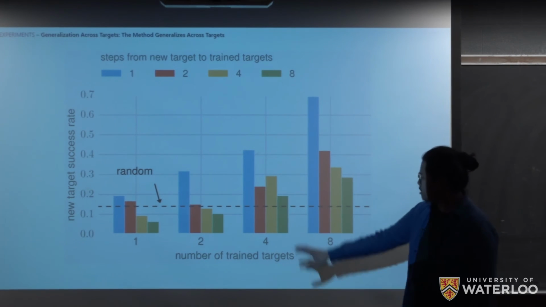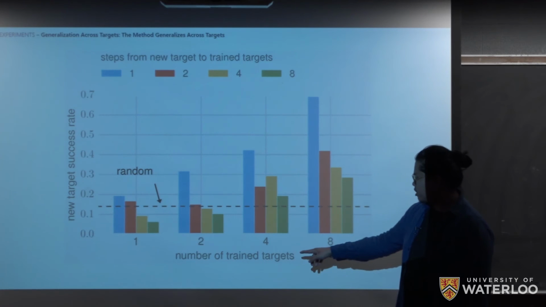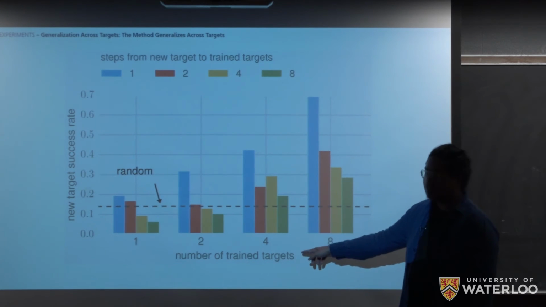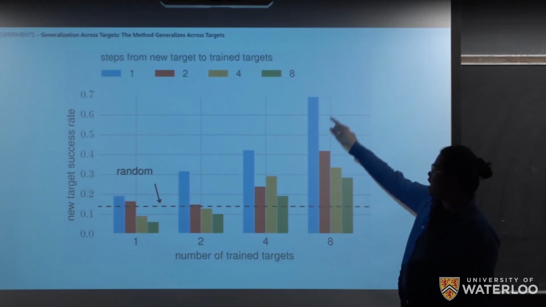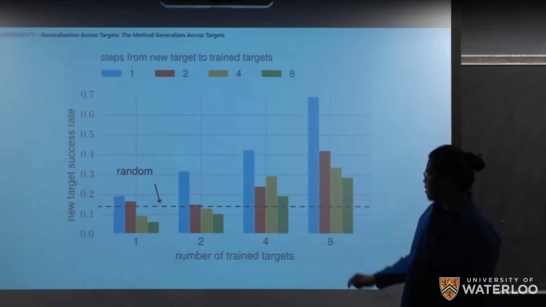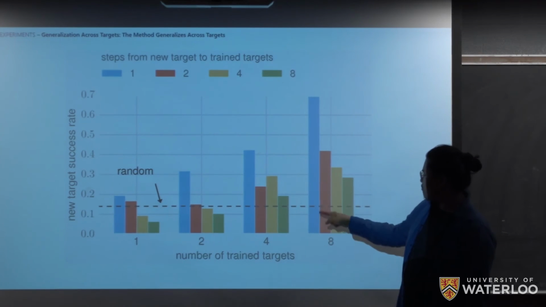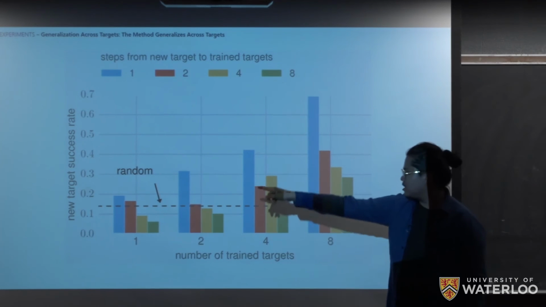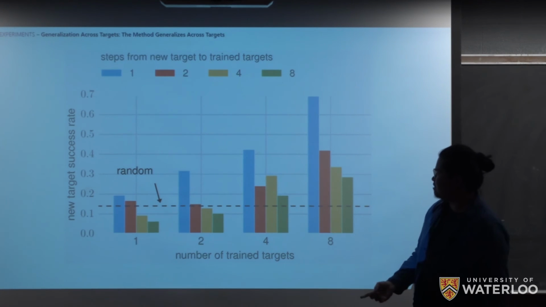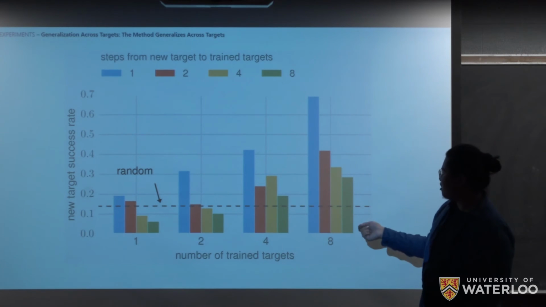So they looked at how that success rate improves if they trained on more targets, and also by varying the distance from the target they're trying to reach. So if you start right beside your target, the blue bars on each one, then you'll have a very high chance of reaching the target because you just need to take one step. But if you're very far off, then you have a lower chance of reaching it.